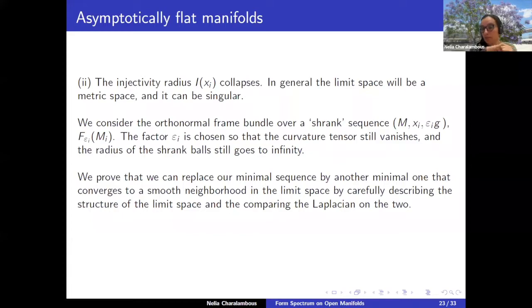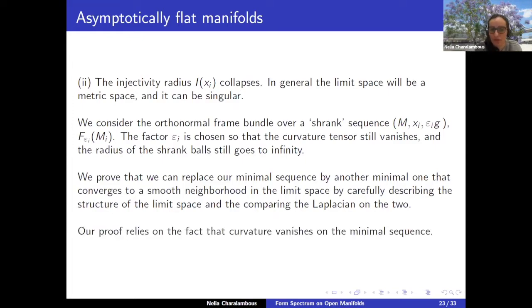Okay, and it will be minimal, but now it will be converging to a smooth limit. So we show this by carefully describing the structure of the limit space and considering the Laplacian on these too. So our proof strongly relies on the fact that the curvature tensor vanishes on the minimal sequence so that we can take this blow down, because otherwise, if curvature is just bounded below, it's going to blow up.